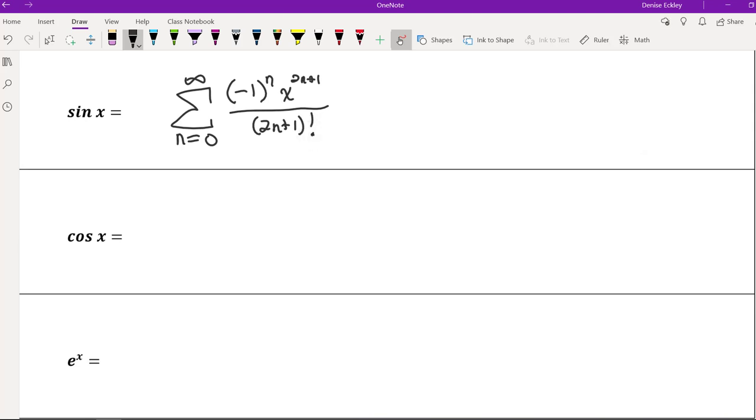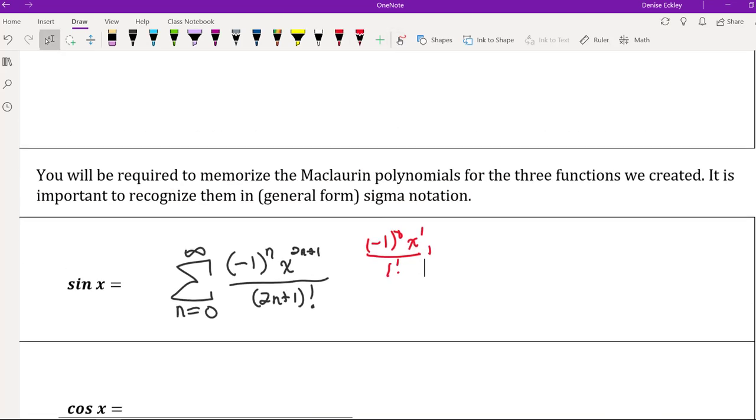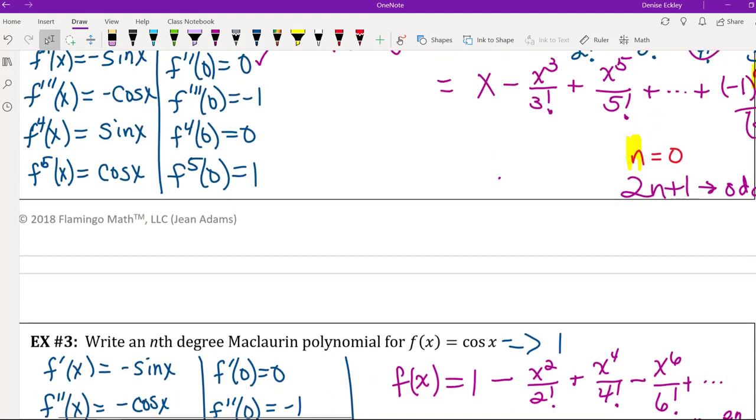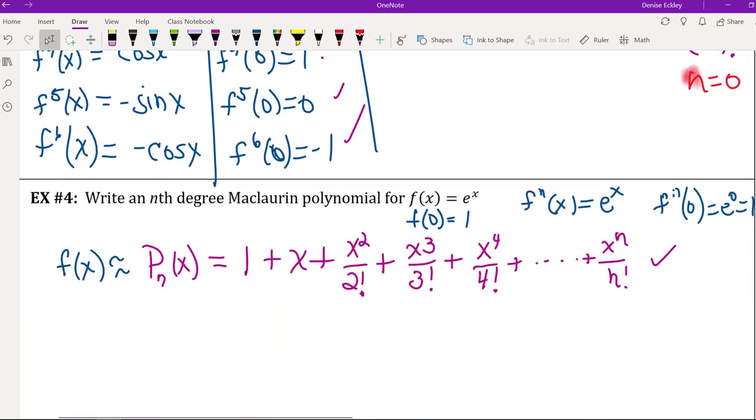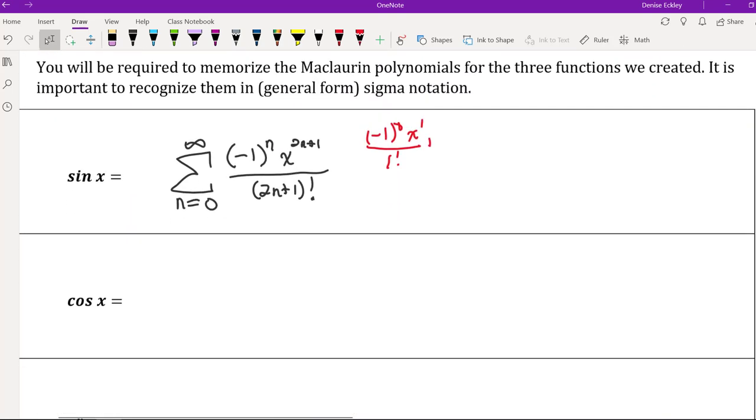And if you start counting here, what you're going to see is the first term will be negative 1 to the 0 times x to the first over 1 factorial, because you'll have 2 times 0, and that will give us our positive x that we had. So that'll give us the first term that we had here, the positive x. So that's why it does work out good, especially starting the index at 0.